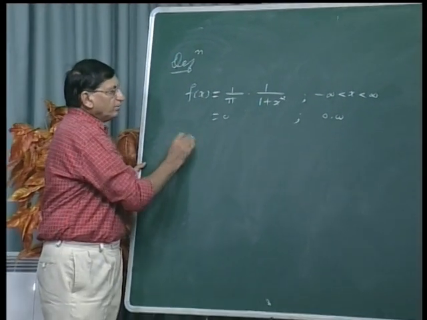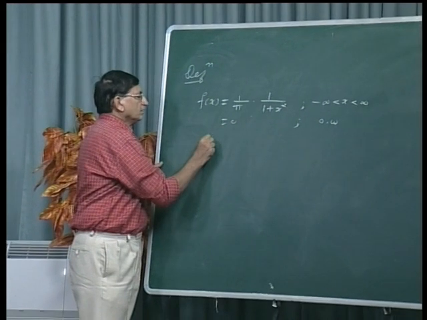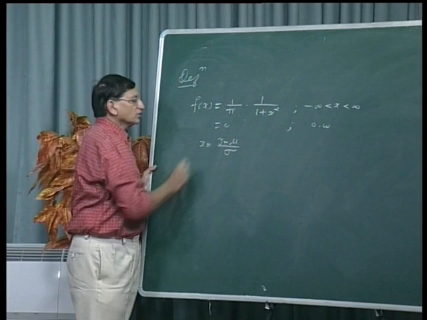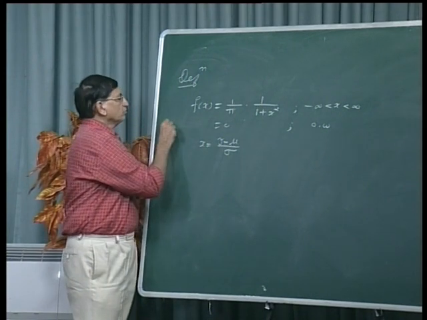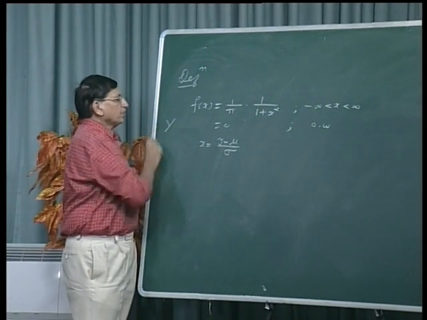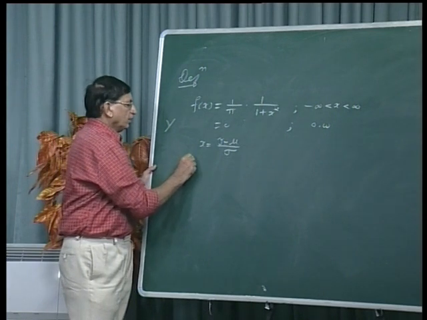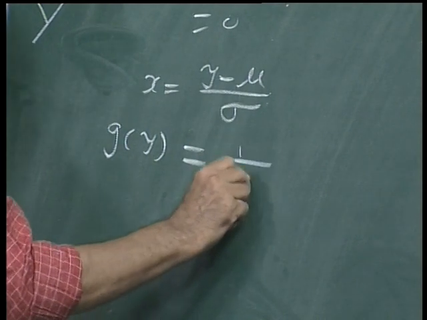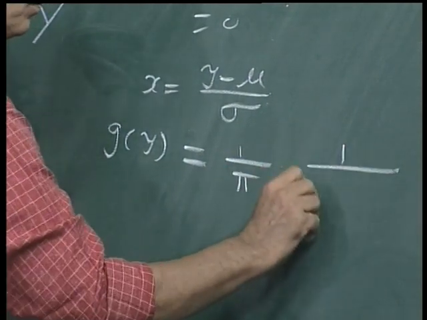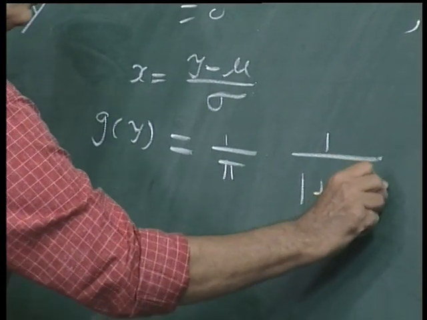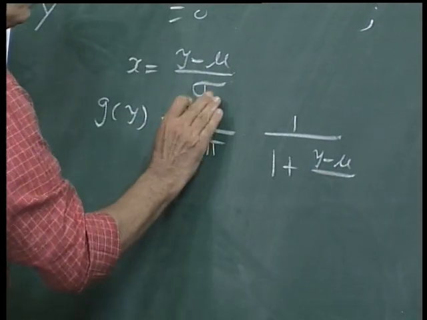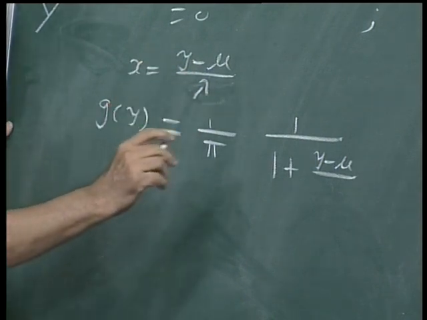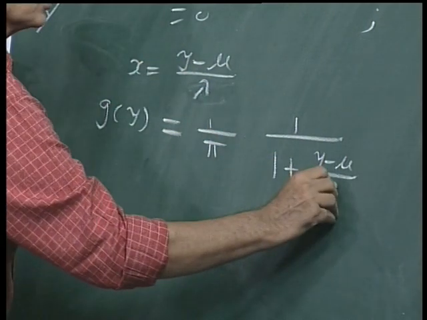Here if we take, say, x is equal to y minus mu upon sigma, then we shall get the PDF of y, and it is, say, g(y) is equal to 1 upon pi into 1 upon 1 plus ((y minus mu) upon lambda) square. Instead of sigma I just take lambda because sigma is standard notation for standard deviation.